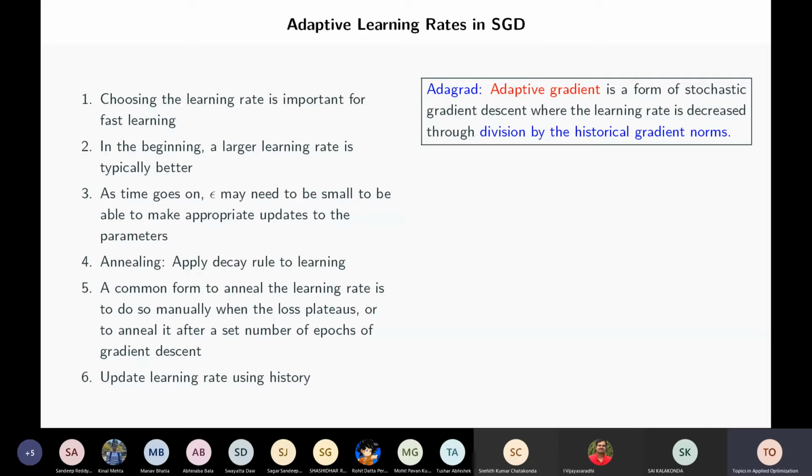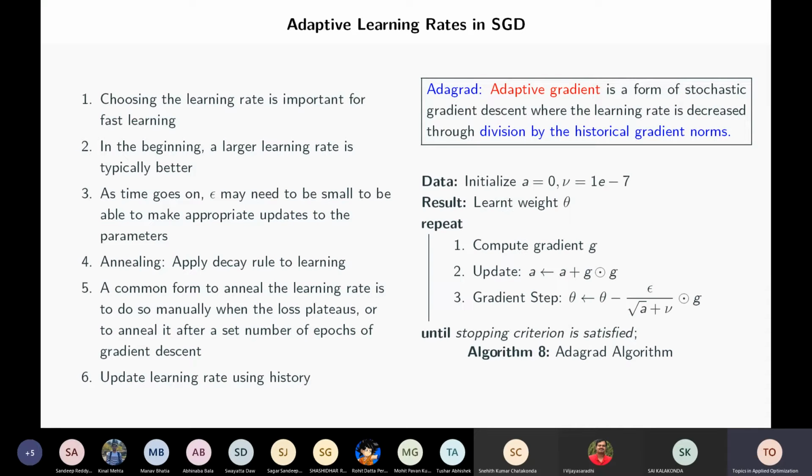Adaptive gradient is a form of stochastic gradient descent where the learning rate is decreased by whatever way you want. For instance, there is another update to gradient descent methods called AdaGrad. In this case, you apply an adaptive technique where you divide by the historical gradient norms. Again, these are heuristics.